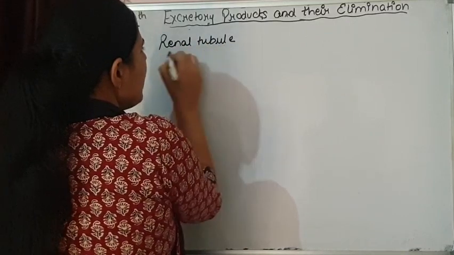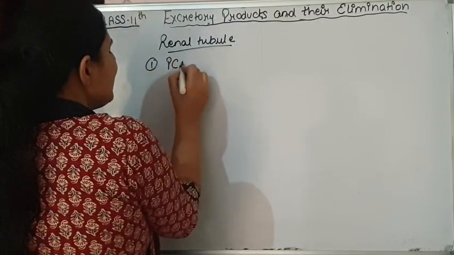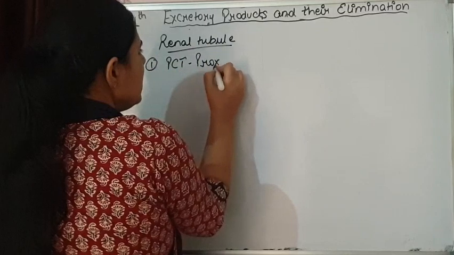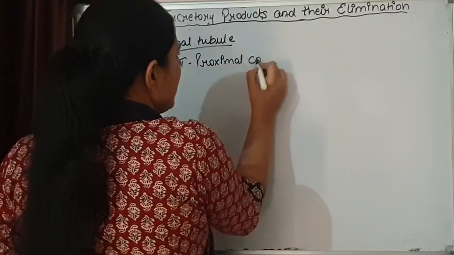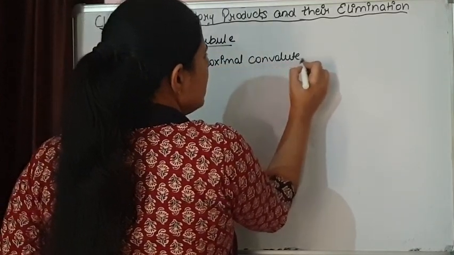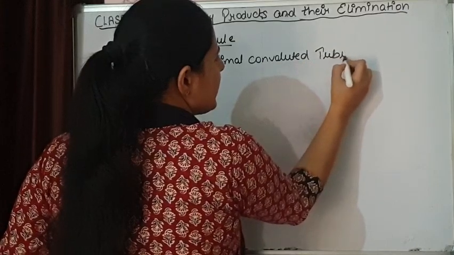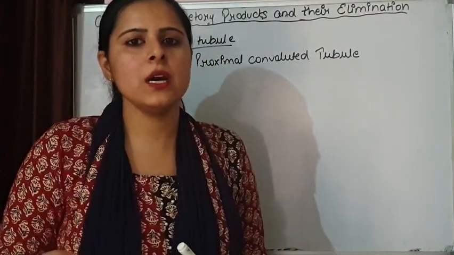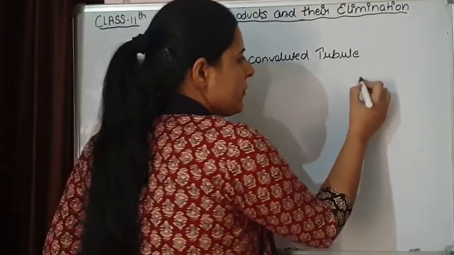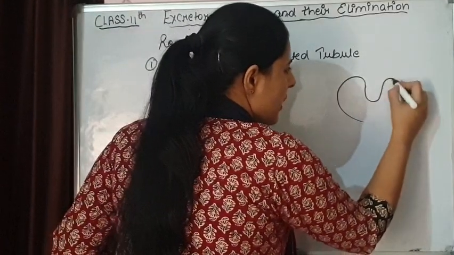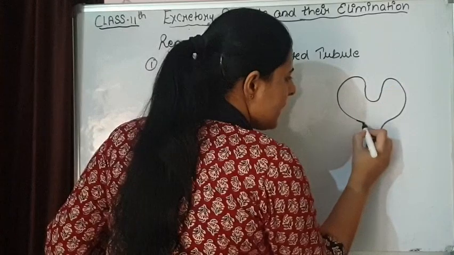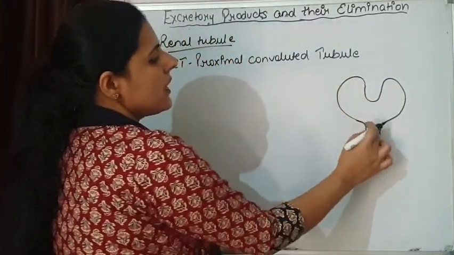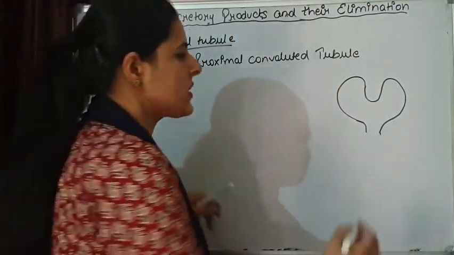The first component of the renal tubule is PCT, proximal convoluted tubule. This is just coming next to the Bowman capsule. If I again draw a diagram, this was the Bowman capsule and this is the PCT that is going to start.